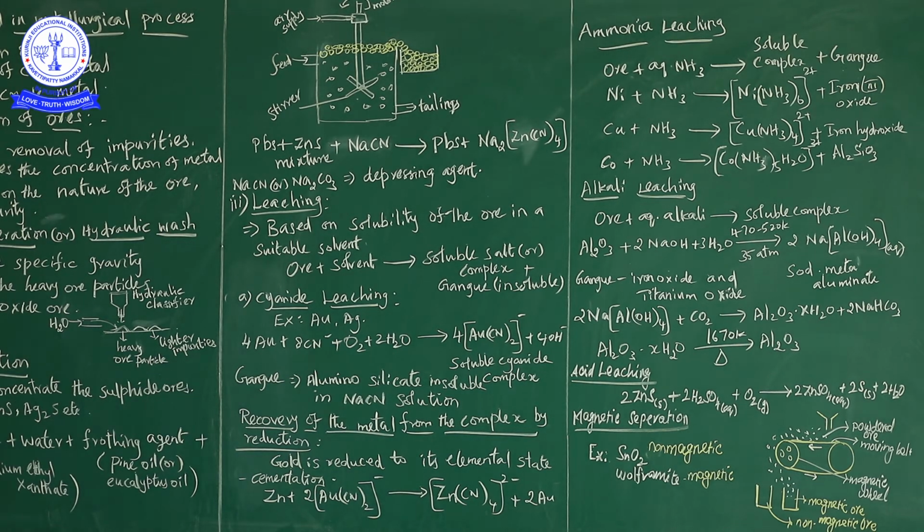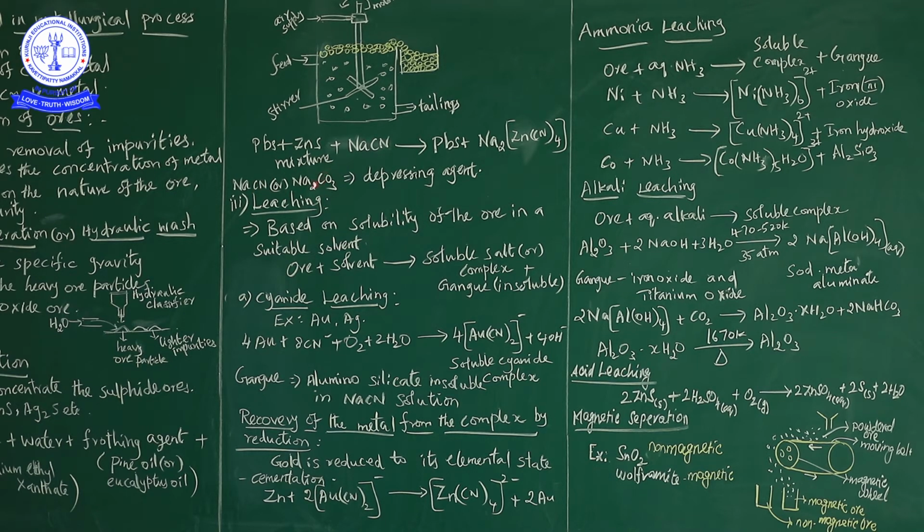But if the ore consists of a mixture of sulfides, so more than one sulfide component is present. For example, in the extraction of lead sulfide, zinc sulfide is also present along with it. Lead sulfide, known as galena, has zinc sulfide present in minimum quantity. So if a mixture of sulfide ores is present in a single ore, it is treated with sodium cyanide or sodium carbonate.